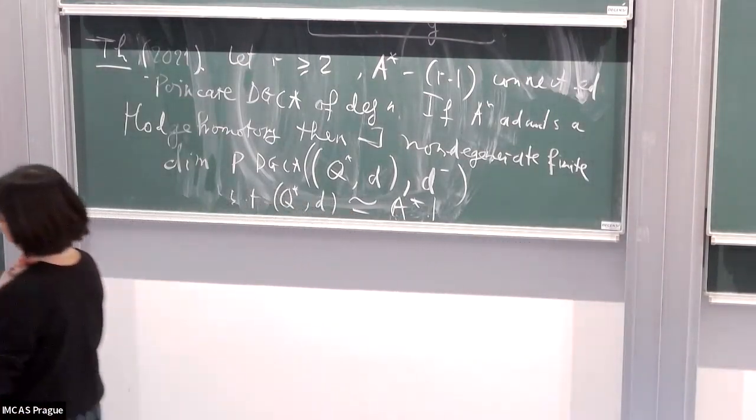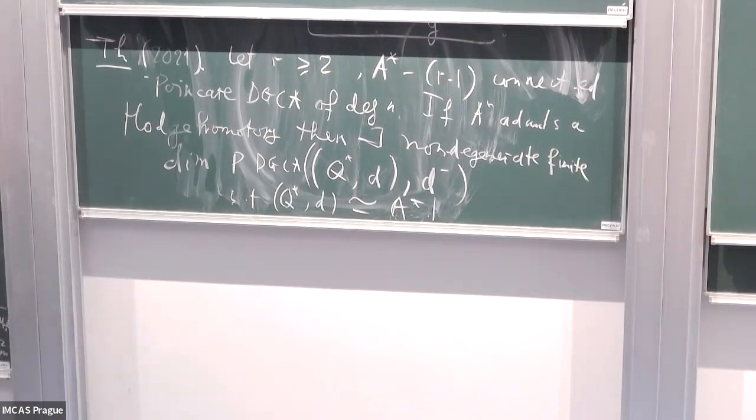Now, if you remember in the Kadeshvili lecture, he tried to construct a homotopy equivalence between the homology of the differential graded algebra and the differential graded algebra, but something completely different happens.